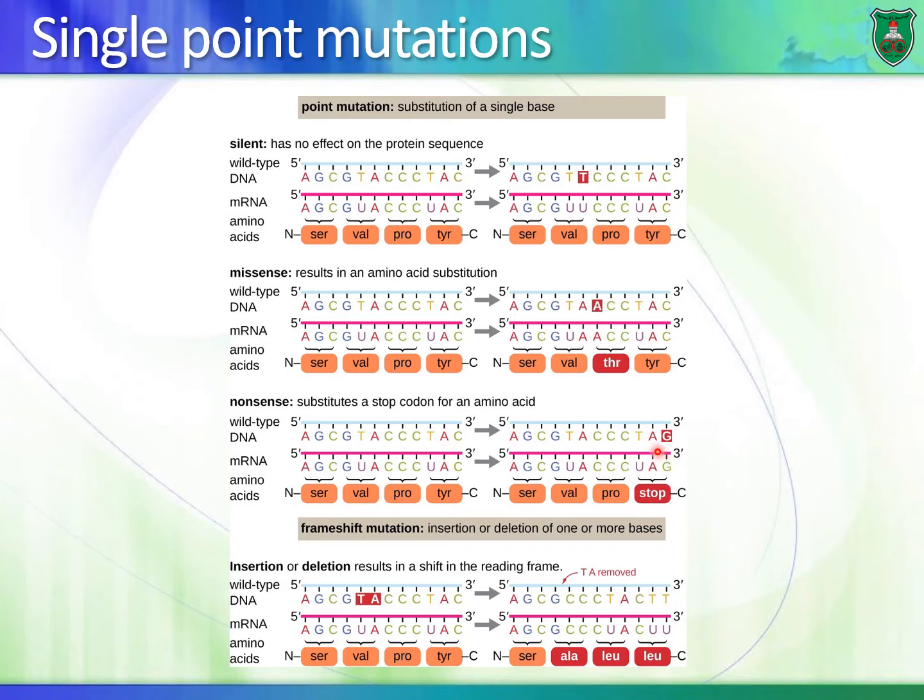So right here, notice that TAG is transcribed into UAG, and UAG is one of the 3 stop codons. So this is known as a nonsense mutation.